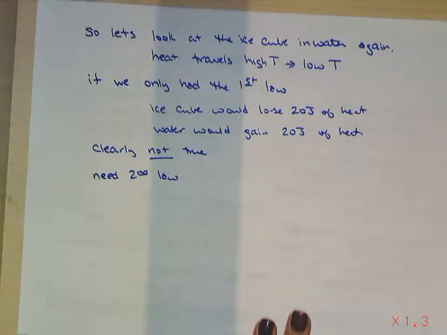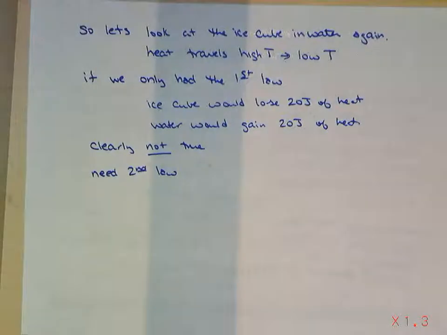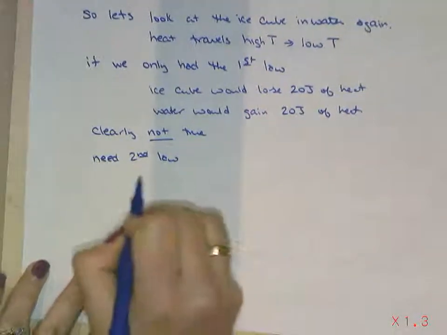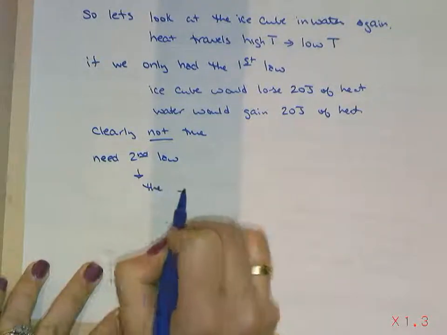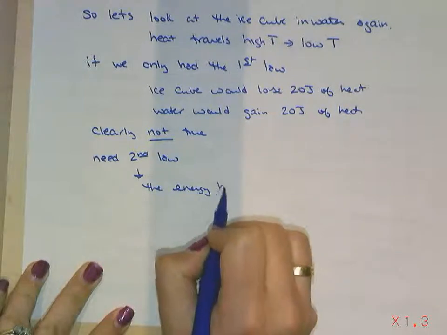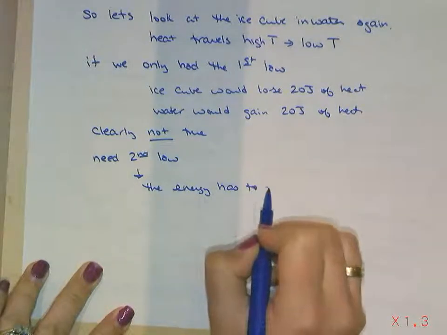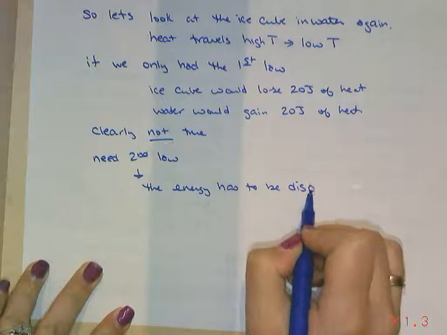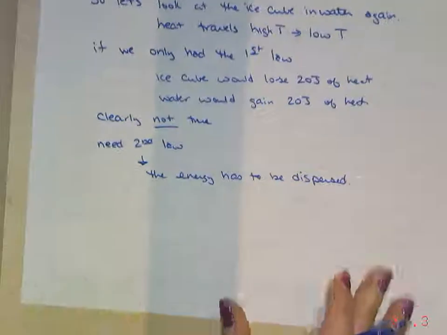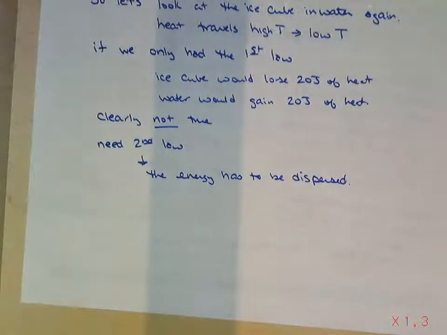Like we had in that figure before, where we had the two boxes coming together and one had energy and one didn't, and they come together. The second law says that the energy has to be dispersed. The hot water had a lot of energy, and the cold ice cube had no energy.